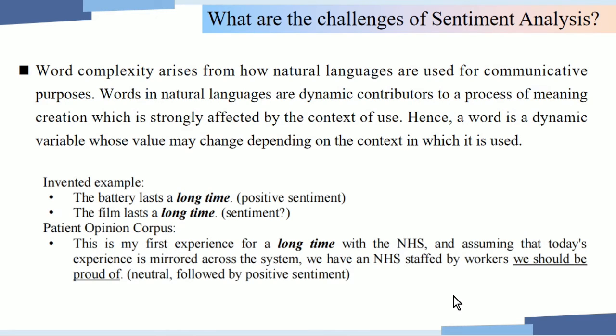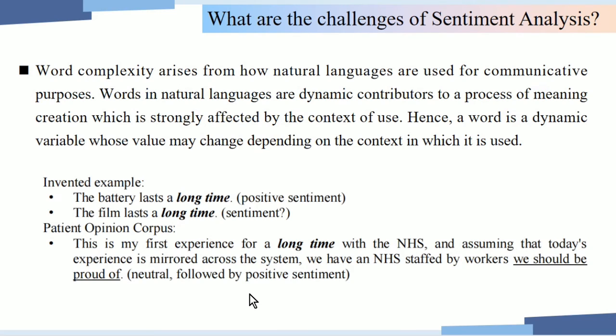We look at the examples here. The battery lasts a long time, and the film lasts a long time. Long time is the same phrase, but obviously the battery lasting a long time is a positive sentiment. For the film, we are not sure about the context, so we cannot say whether it is positive or negative.